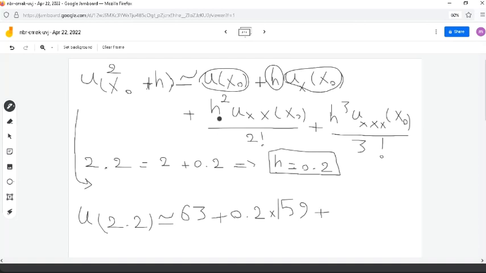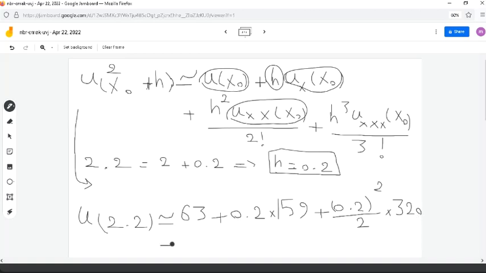Plus h^2, h is 0.2, squared, over 2 factorial is 2, times u_xx at x0, and at the last page u_xx at x0 means u_xx of 2, and the result is 320.